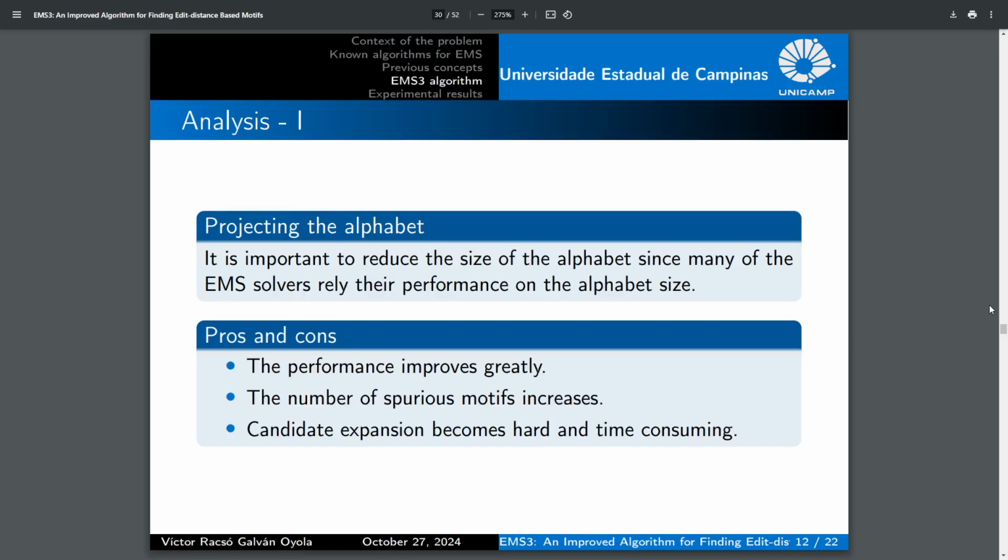So reducing the alphabet is good, but it might be a little bad in this case. So we must balance it.